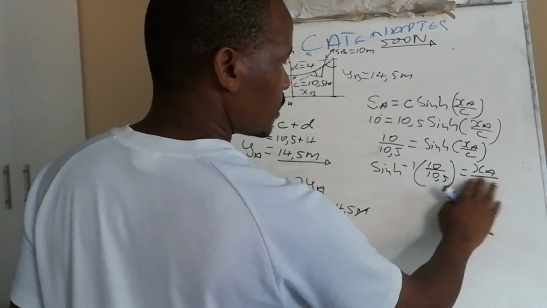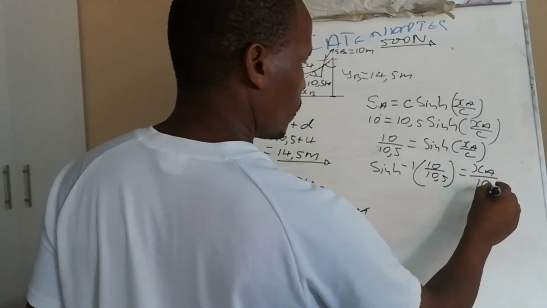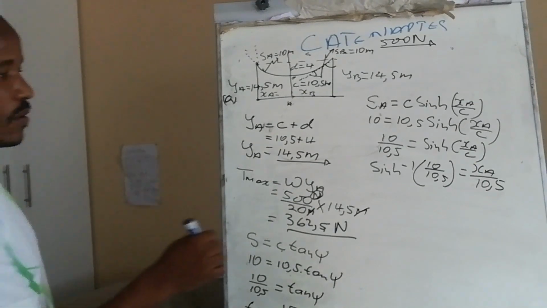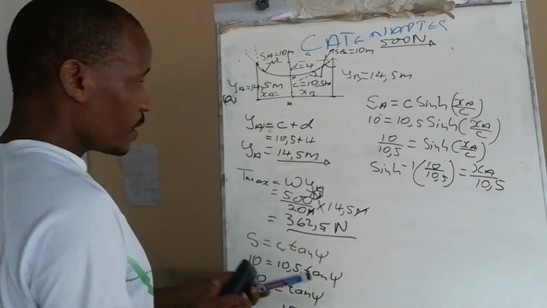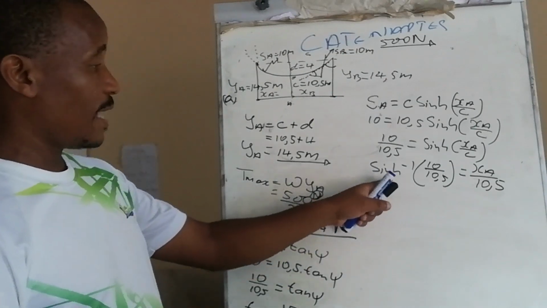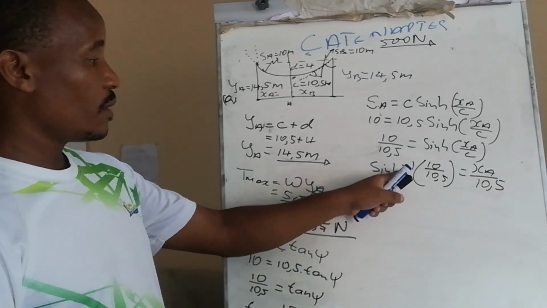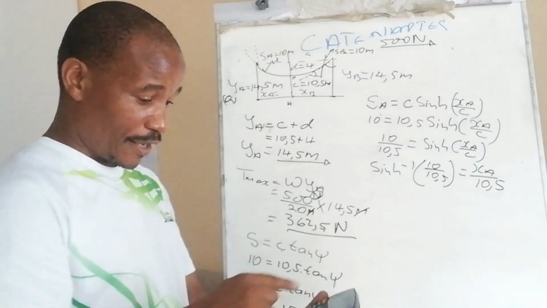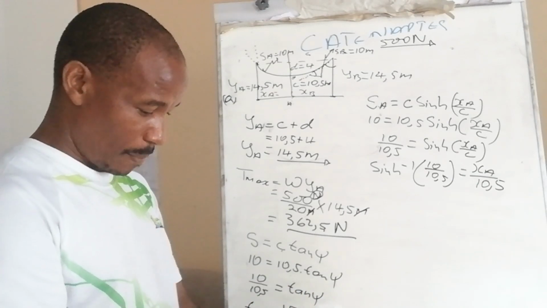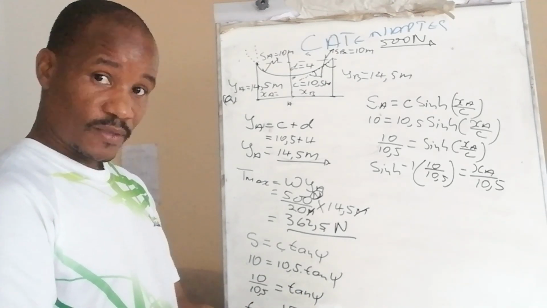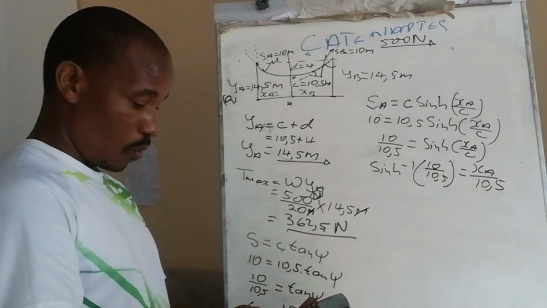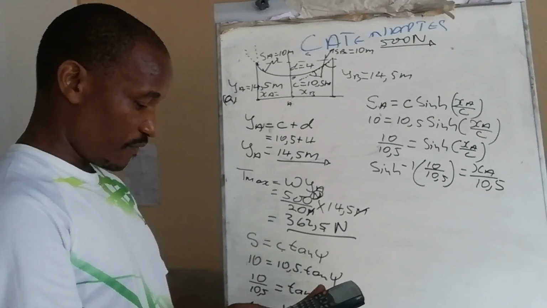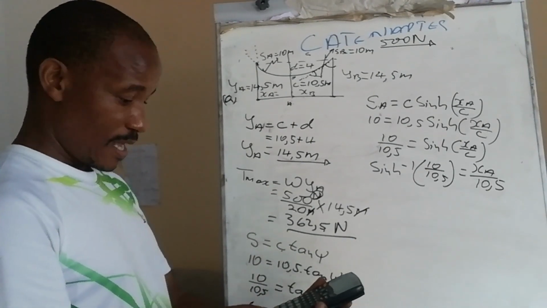But what is C? We still remember what C is. It is 10.5. Now, let's get the arcsine hyperbolic of 10 over 10.5. To do the arcsine, you press second function, hyperbolic sine. You get the arcsine hyperbolic, opening the brackets, then you say 10 divided by 10.5, closing the brackets, answer.